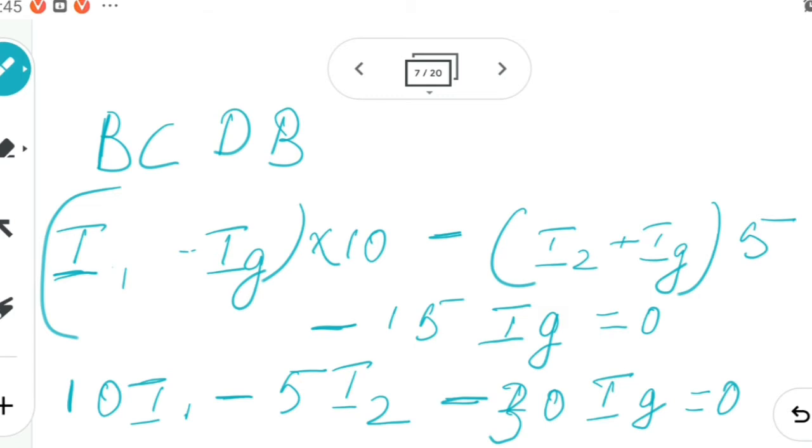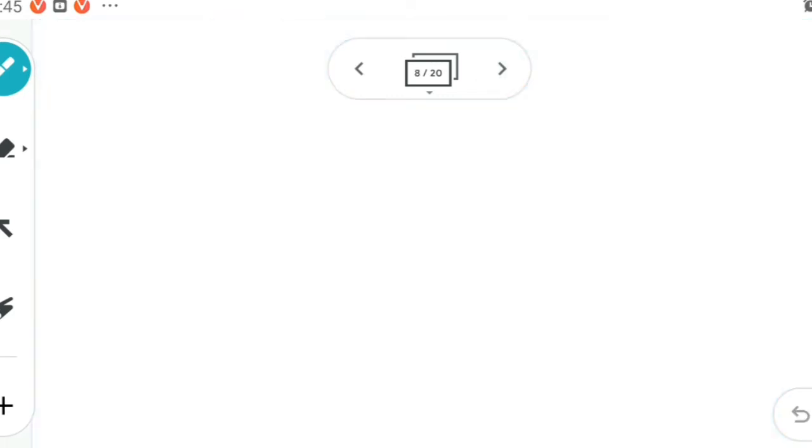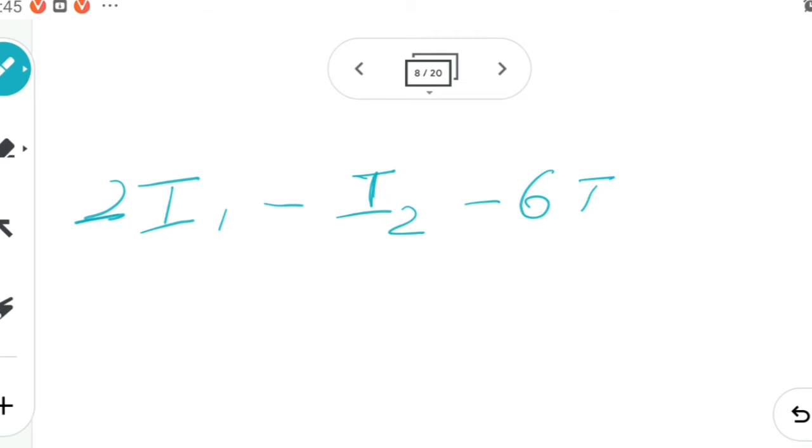One more step you can write, simplifying, that is 2 I1 minus I2 minus 6 Ig is equal to 0.